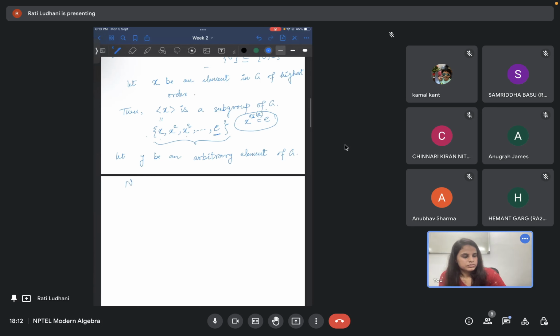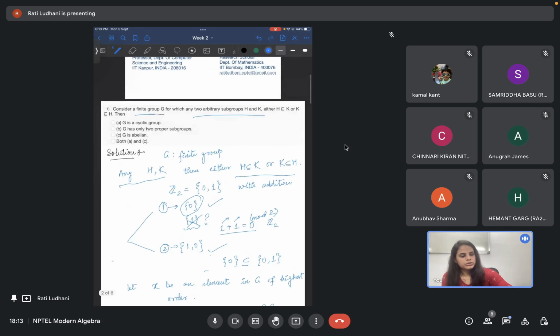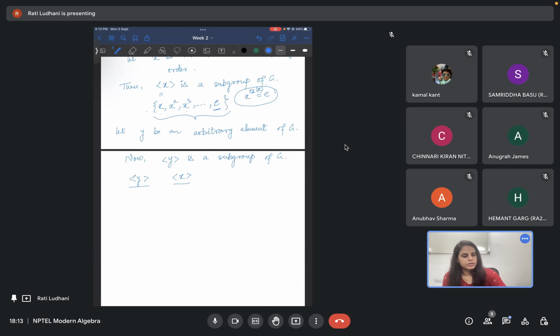Again, this is a subgroup of G. So you have two subgroups right now, y and x. According to the question, either h is contained in k or k is contained in h. So there must be some relation: either this, or x is contained in y.